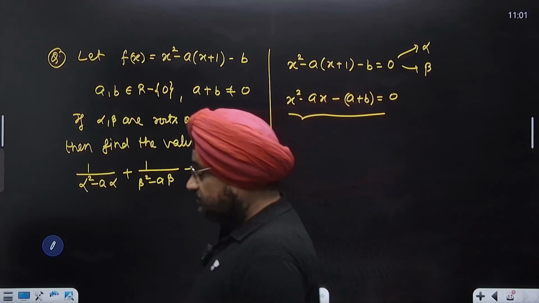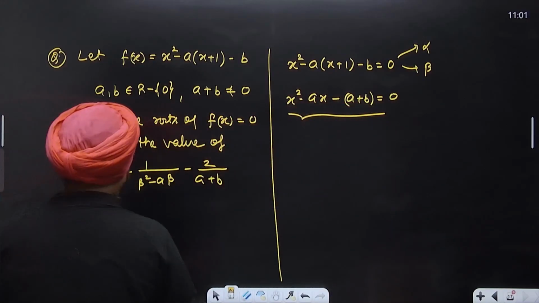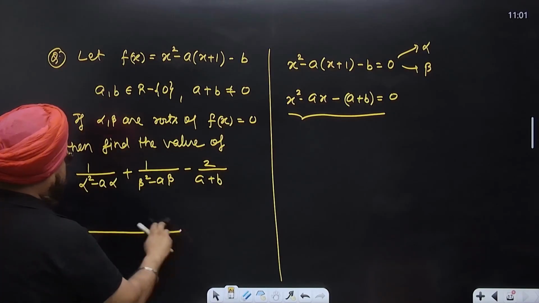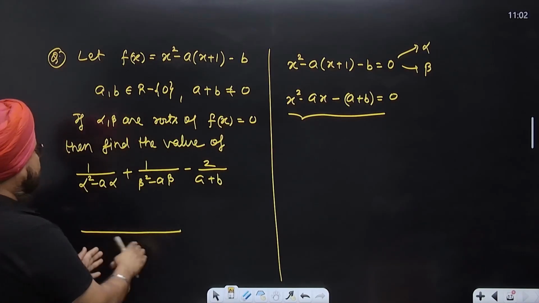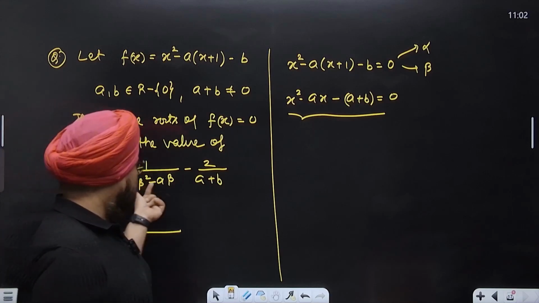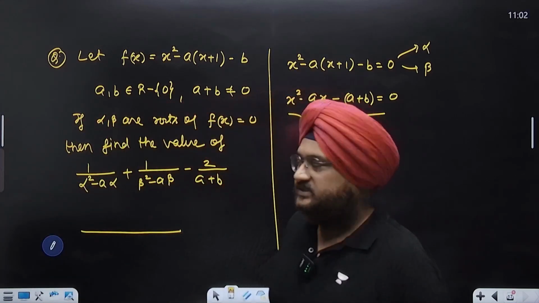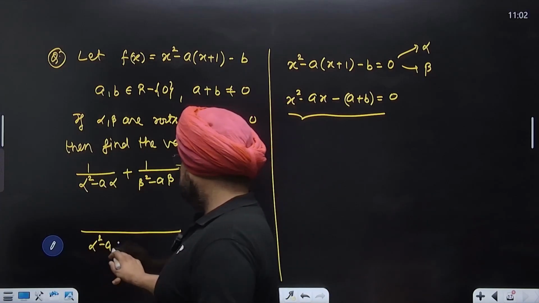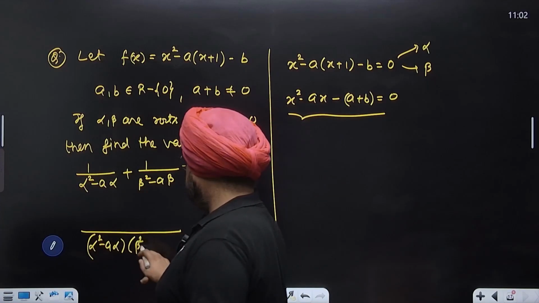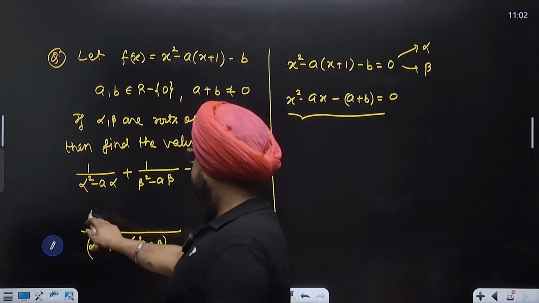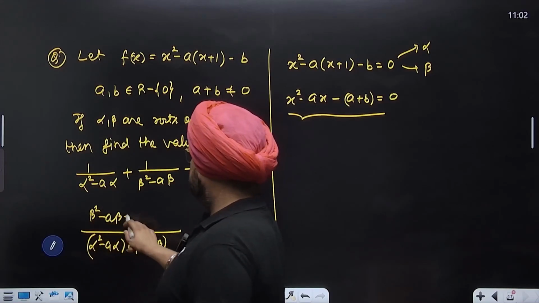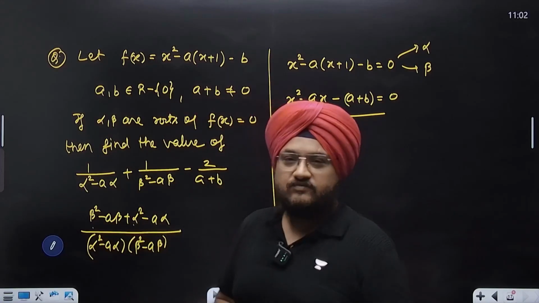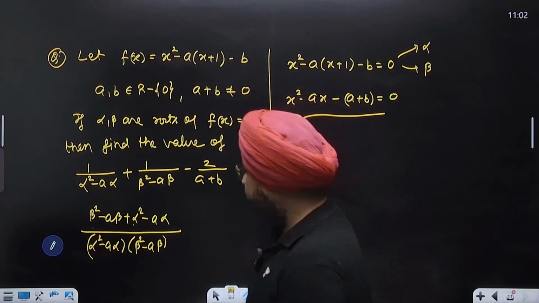One way to deal with the problem was to take the LCM of this expression and try to change it in terms of sum of roots and product of roots. This was also an approach. Alpha square plus beta square we can find as alpha plus beta whole square minus 2 alpha beta.